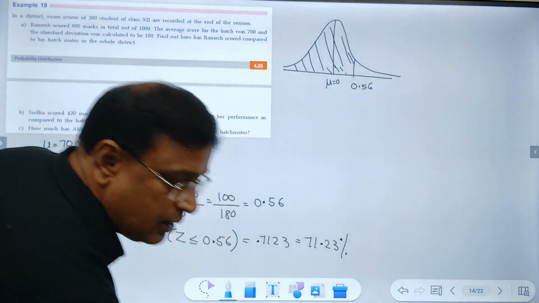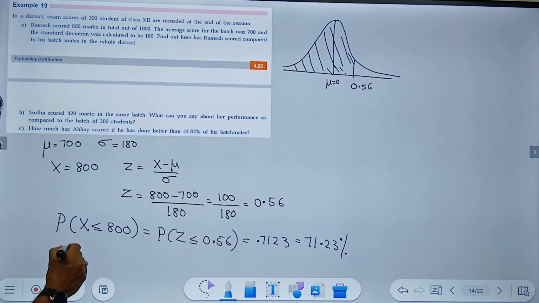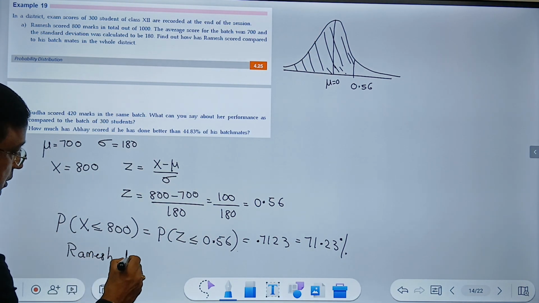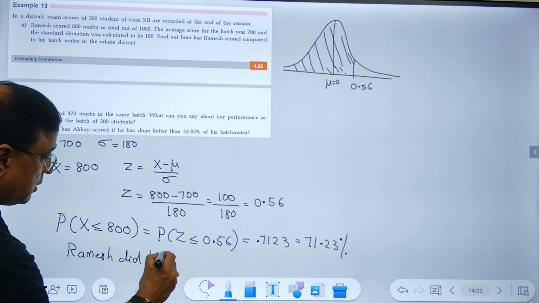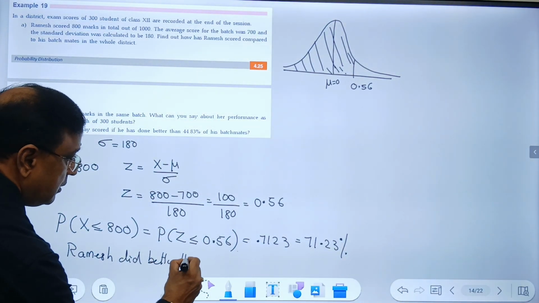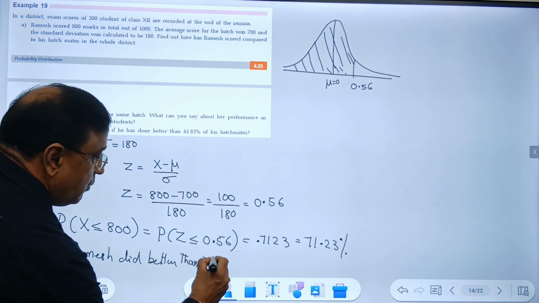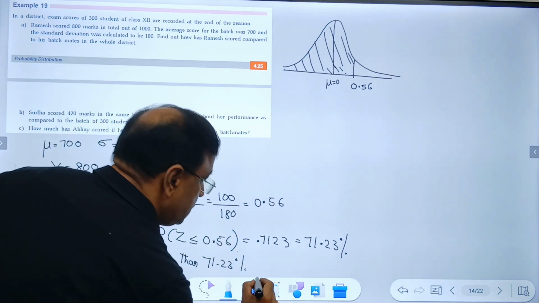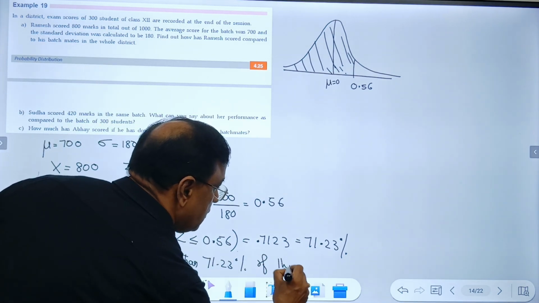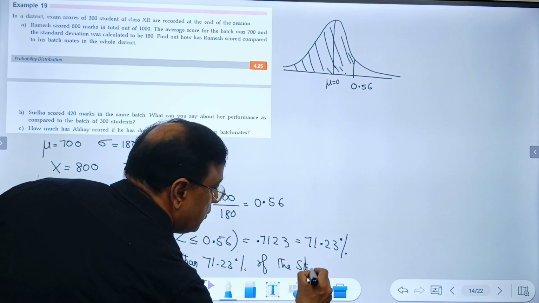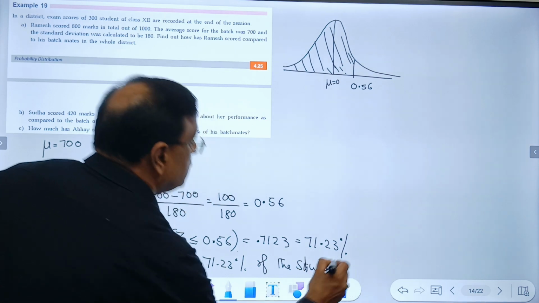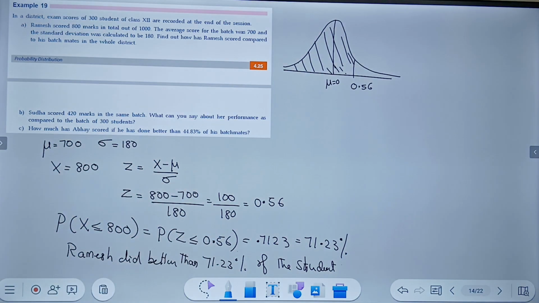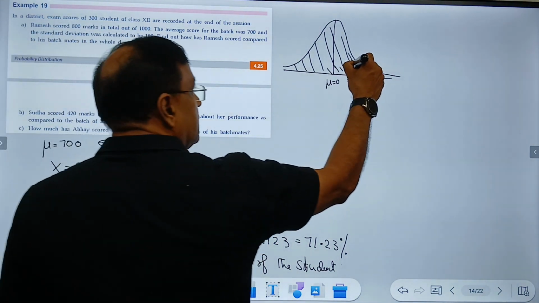What is it? Ramesh did better than 71.23% of the students. So he falls into this category. Is that clear?